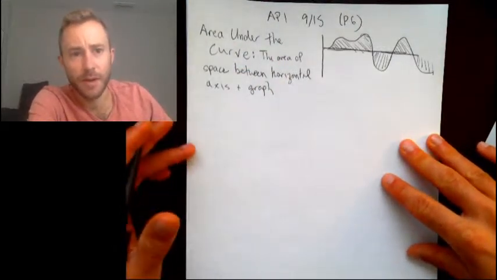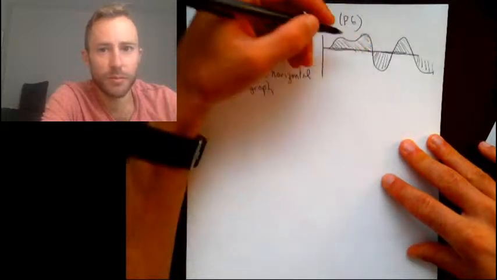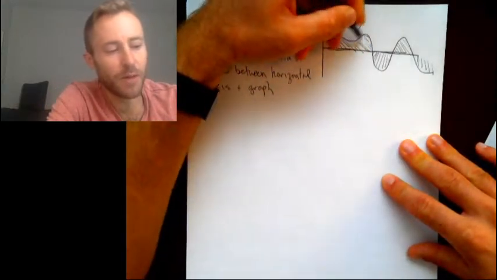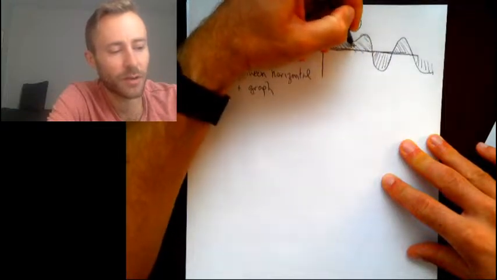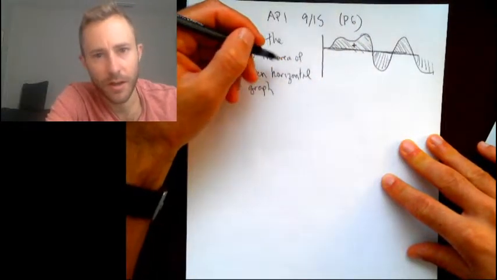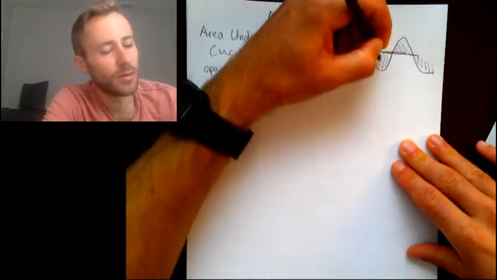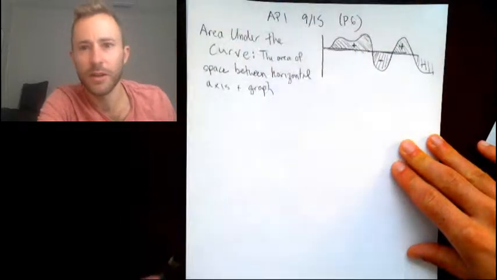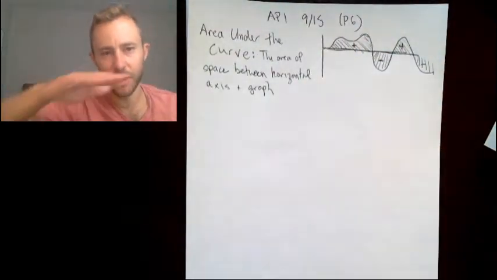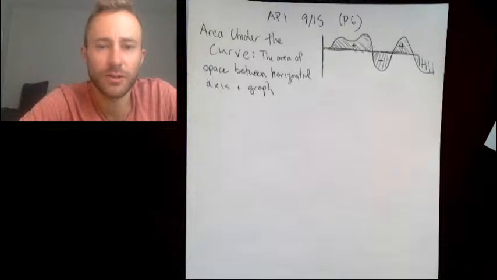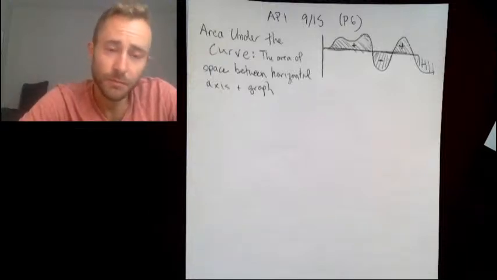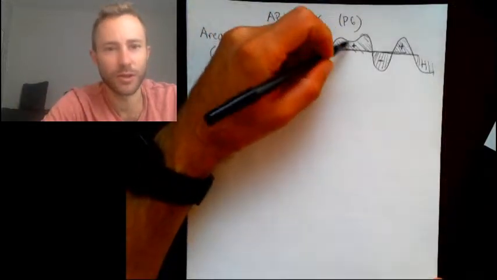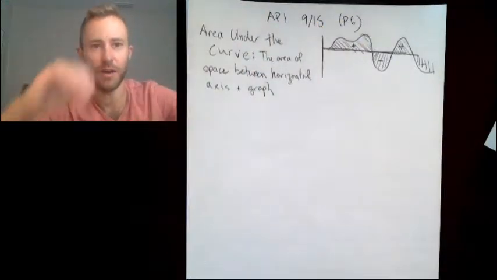There's another thing that we have to be careful about, and that is that if the area is above the horizontal axis, it counts as positive. Okay. And if the area is below the horizontal axis, it counts as negative. Okay. So you can have a negative area if it's below the horizontal axis. So this is the concept of area under the curve, measuring the square footage of the space between the graph and the horizontal axis.